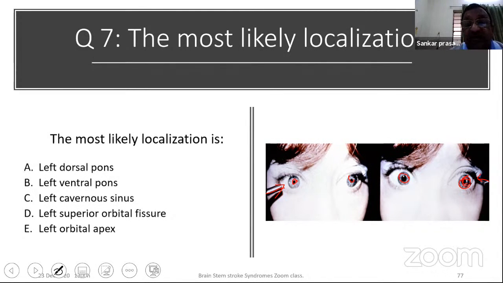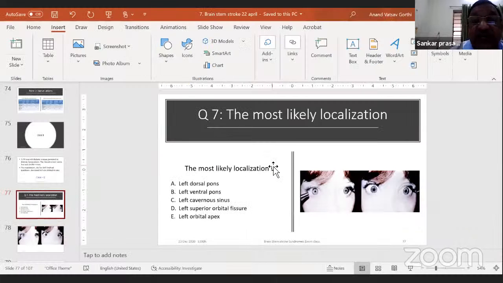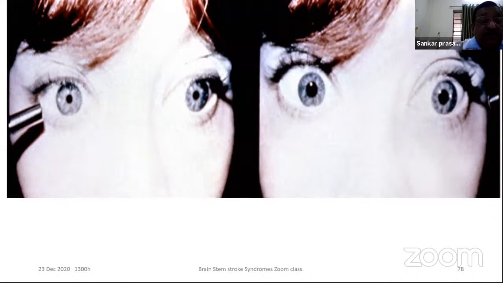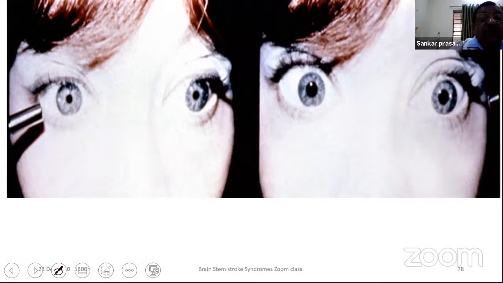Now, one thing you learnt is the afferent pupillary defect. When they are doing it from the left side, I'll show you again. In the next picture, you can see clearly. You are focusing a light here, and when you focus light, there is pupillary constriction here also.